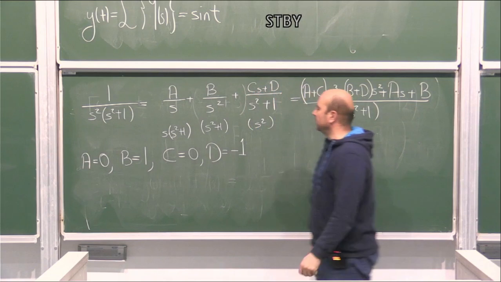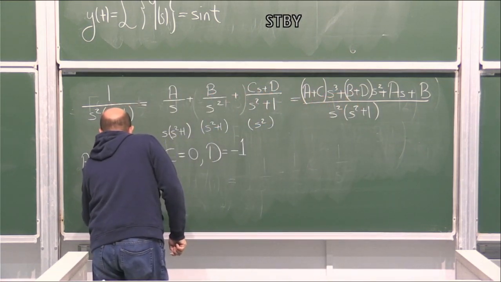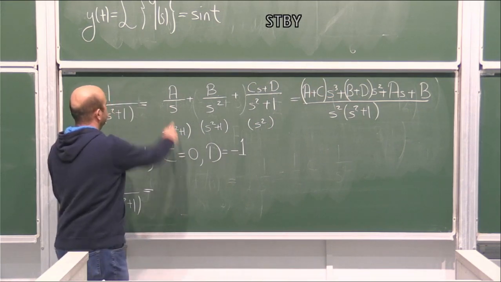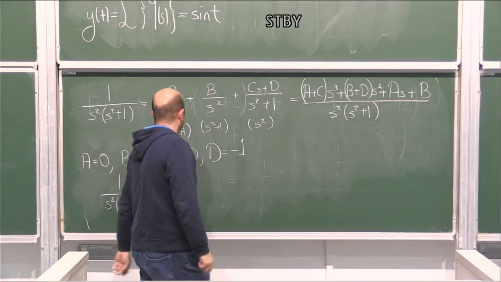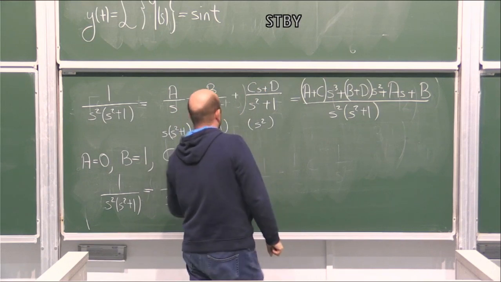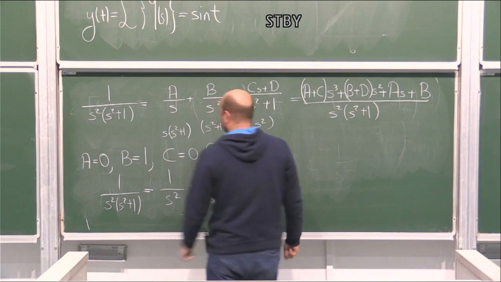So now, 1 over s squared times s squared plus 1 can be written. No a, we have b, we have 1 over s squared, and no c but just d, minus 1 over s squared plus 1.